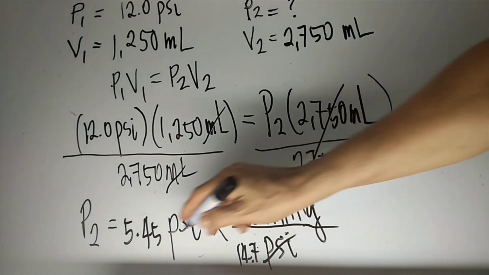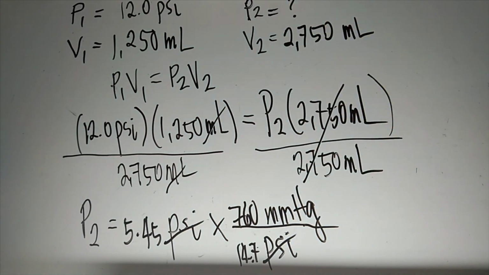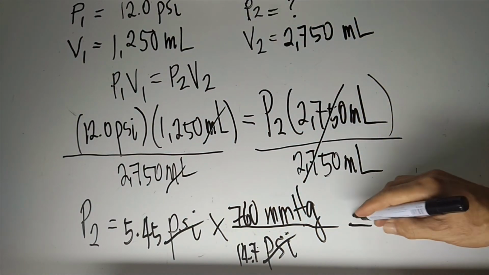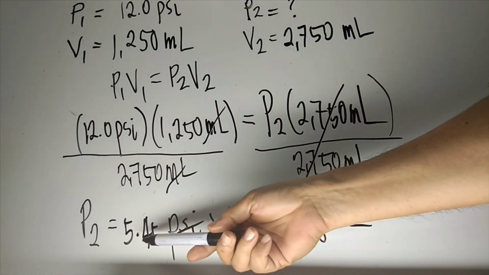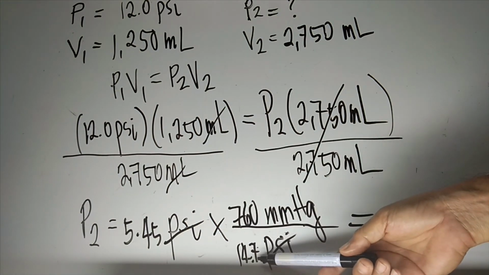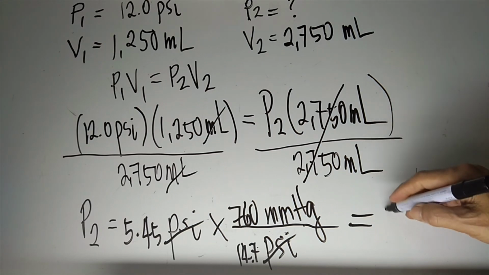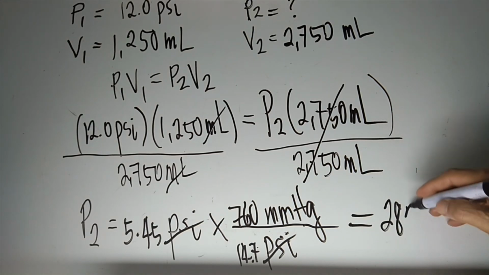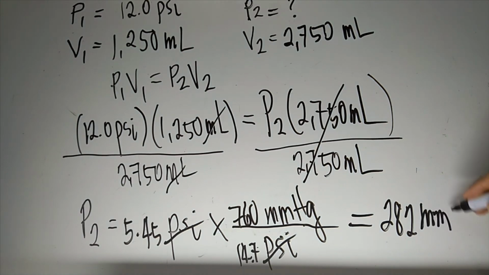So cancel this unit. What will remain will be millimeter of mercury, wherein, using your calculator again, 5.45 times 760 divided by 14.7 will give us a value of 282 millimeter of mercury.